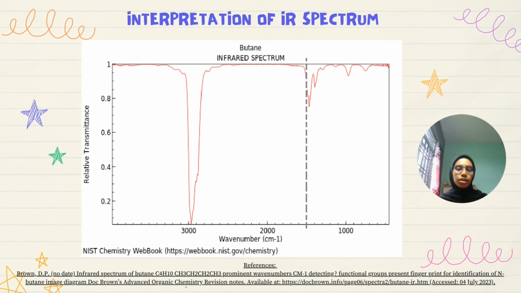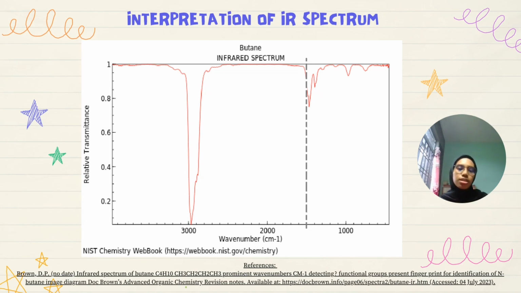Okay, moving on, let's talk about vibrational modes of butane. So, as you can see from this graph of the IR spectrum of butane, it is not so clearly distinguished, as butane has an equal number of CH3 and also an equal number of CH2 groups.